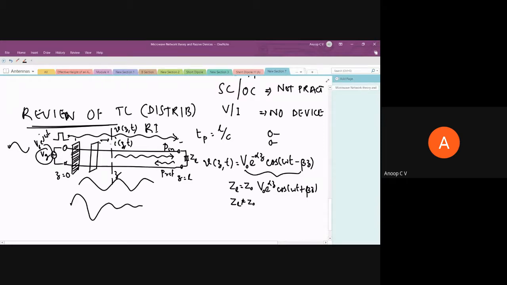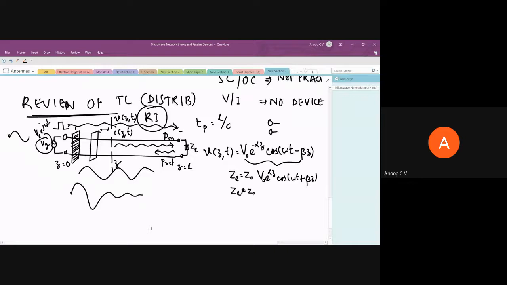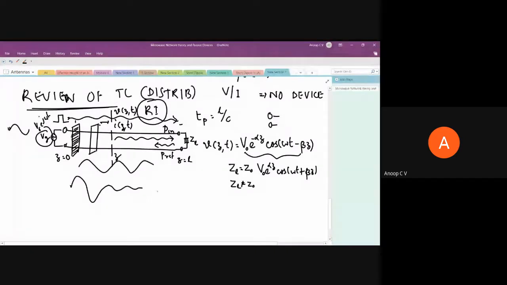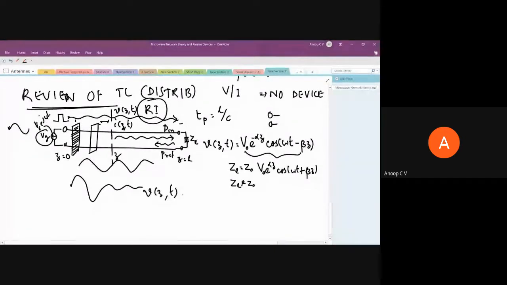So at any given point, V of z comma t, these are real instantaneous quantities as a function of z and t. If there are two variables involved, it is very difficult to analyze. So what we'll do is conveniently convert V of z comma t into the phasor V of z, which we'll call capital V, and I of z comma t into the phasor I of z.